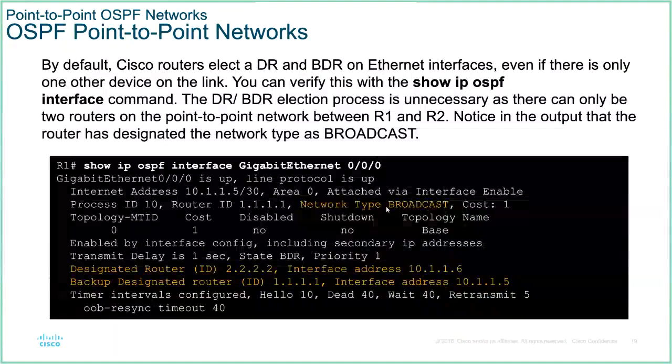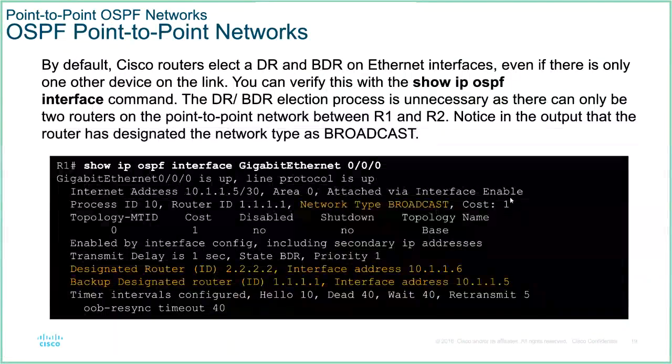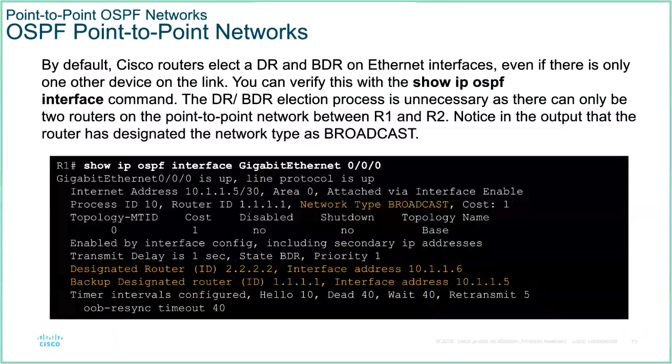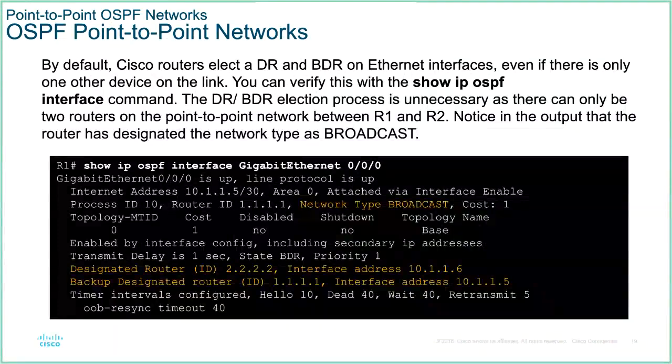So by default, Ethernet is broadcast, and the cost is calculated based on the speed of the interface, and we'll talk about how we can influence the costing of our interfaces a little later.